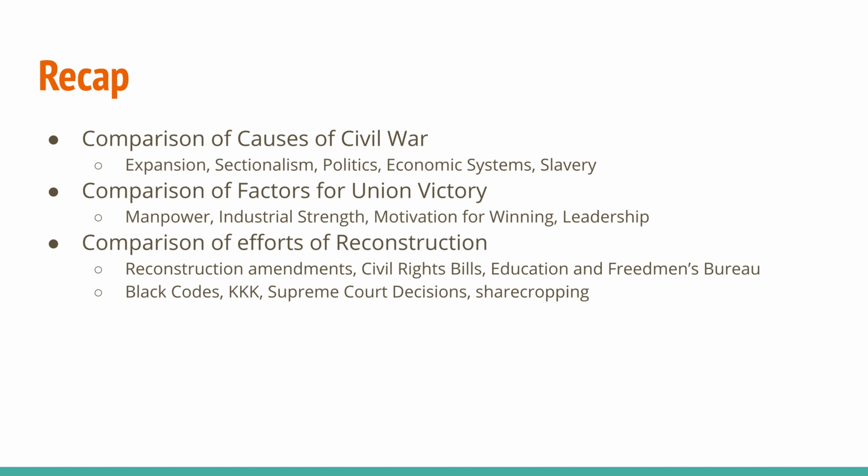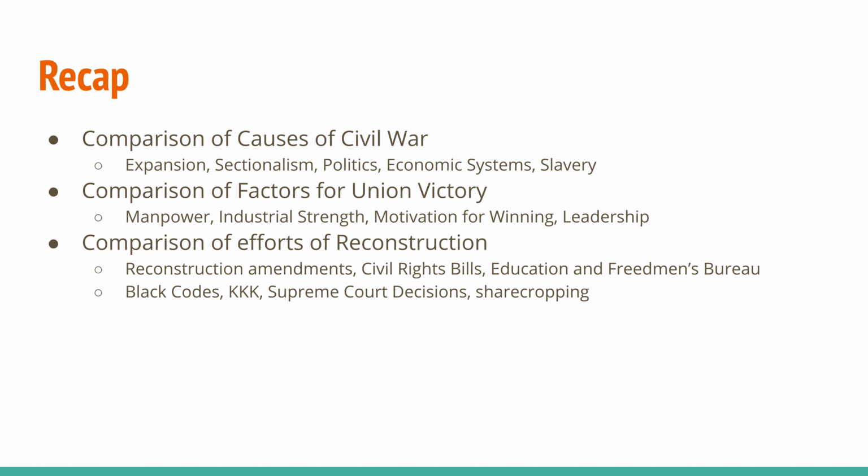The comparison of the factors for the Union victory. So the Union won the Civil War because of greater manpower, greater industrial strength, greater motivation for winning when Abraham Lincoln issued the Emancipation Proclamation, and better leadership. And finally, the comparison of efforts of Reconstruction: the Reconstruction amendments, the Civil Rights Bills, the education expansion for emancipated people, and the Freedmen's Bureau.